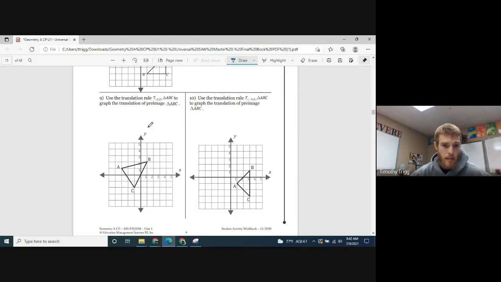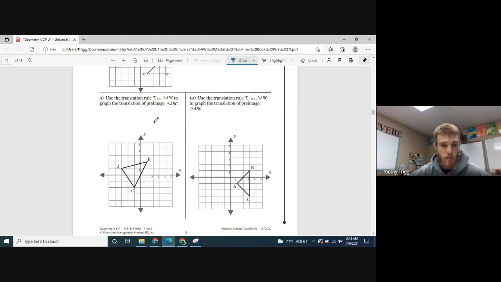So for page 9, it says use the translation rule T, subscript 2, 2, on triangle ABC to graph the translation of pre-image triangle ABC. So basically we want to take this triangle that's in this picture, ABC, and we want to translate it according to this rule. So we want to translate it 2, 2. So that's going to be 2 to the right and then 2 up.